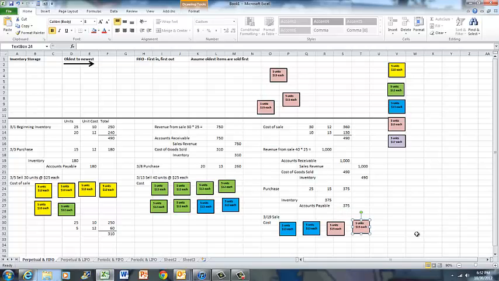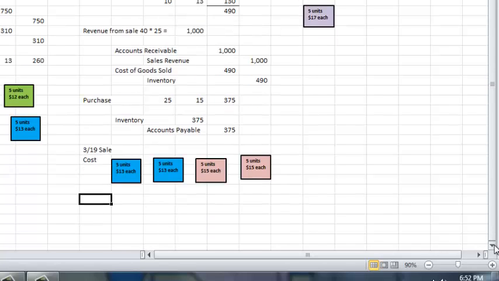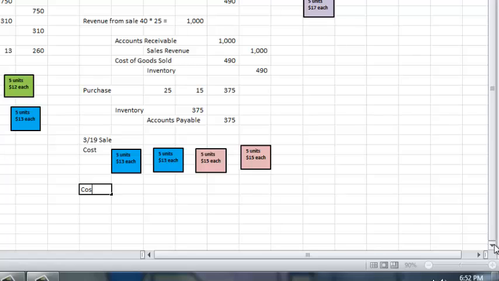So as you can see visually, in this case, the cost of the sale, we have 10 units that cost $13 each and 10 units that cost $15 each.